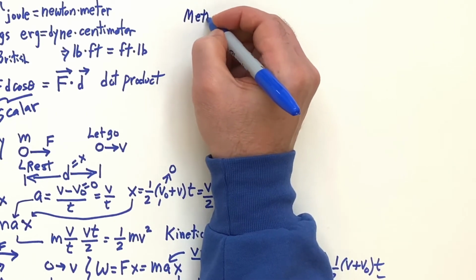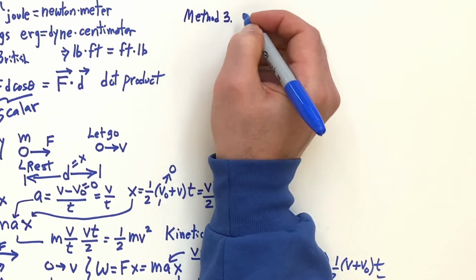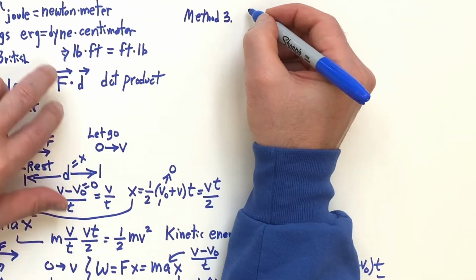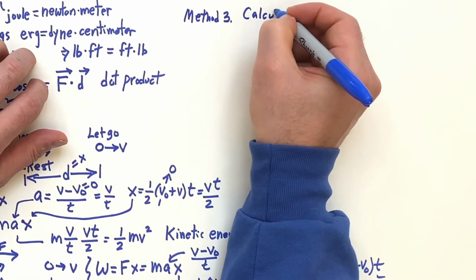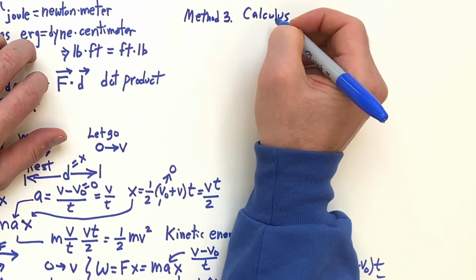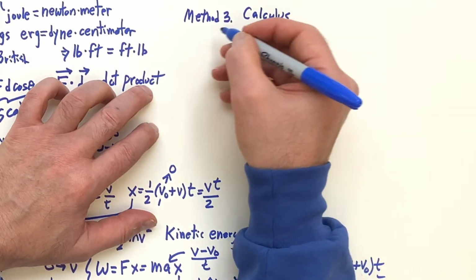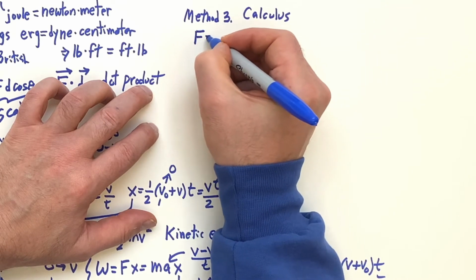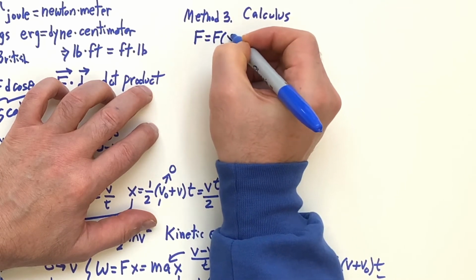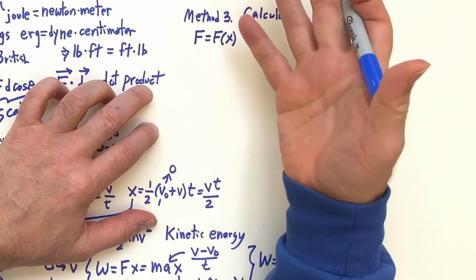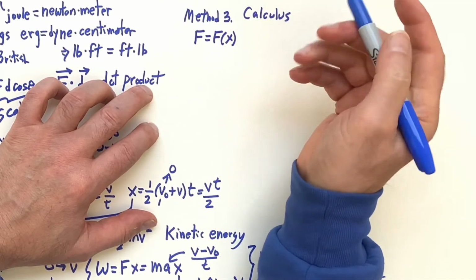And here the third method is one that uses calculus. And if you haven't gotten this far in your calculus 2, that's okay. You can skip it and come back later. But the benefit of this method is that the force can be a function of position. In other words, force can change as you pull along.